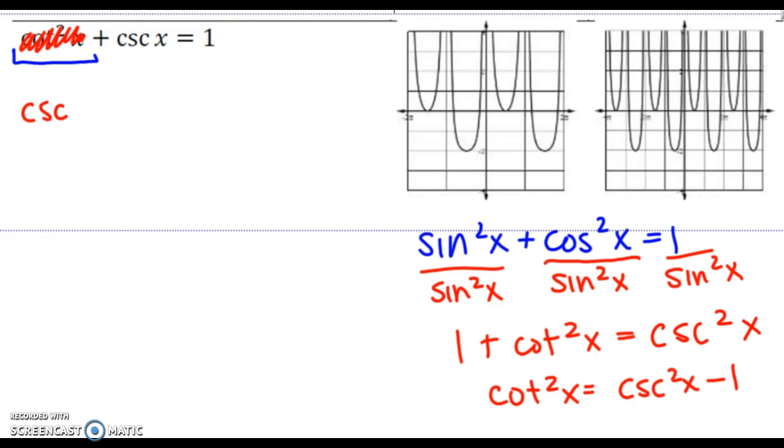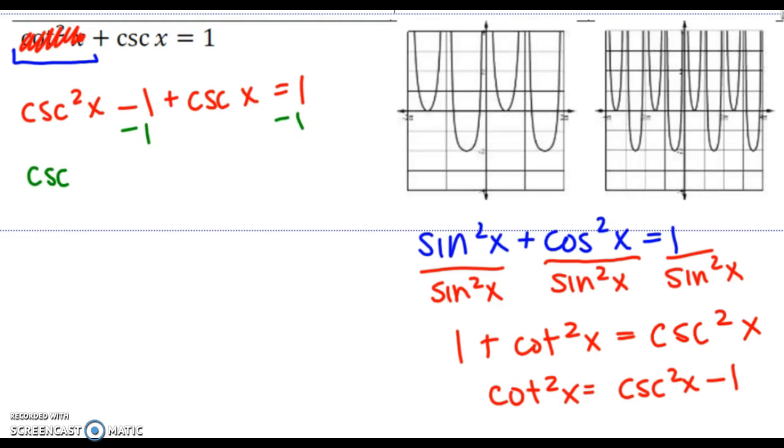Cosecant squared of x minus 1 plus cosecant of x equals 1. From here, let's go ahead and add 1 to each side, maybe? Probably not. Because I have this guy being squared, let's think about factoring, so let's subtract 1 from each side.